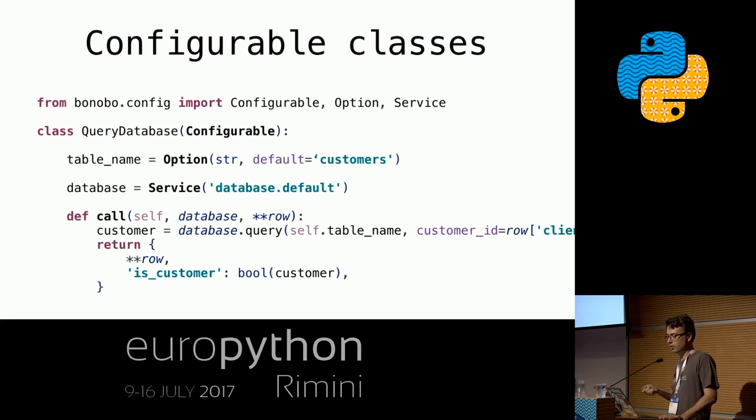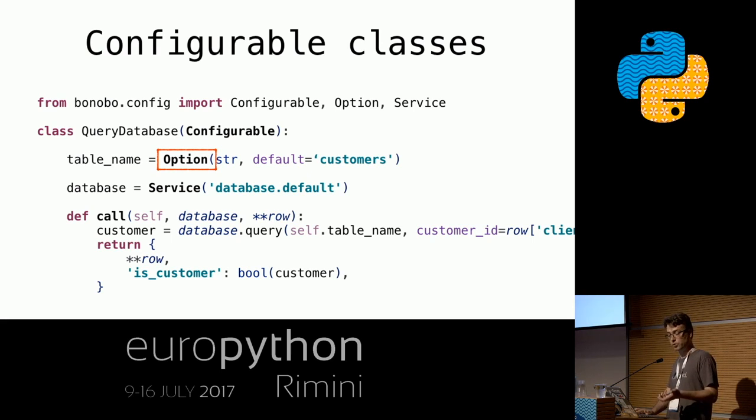I have a bonobo.config.Configurable class that allows you to use a few descriptors to specify what kind of options and dependencies you will have in your transformation. Of course, for a simple transformation, you won't use that, but if you need to configure the transformation, it's probably easier to use that. So here, we define an option called table name that we will use to query a database.